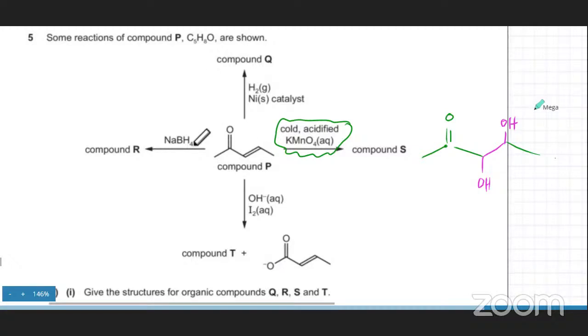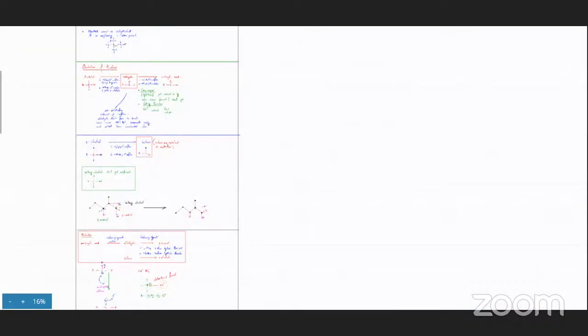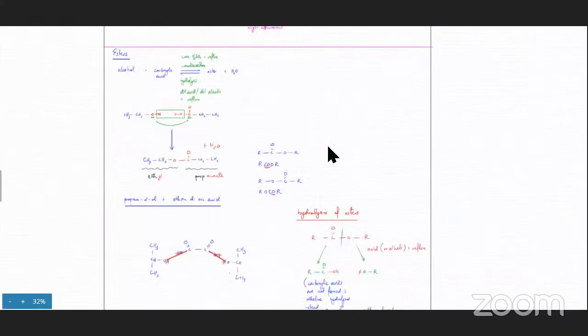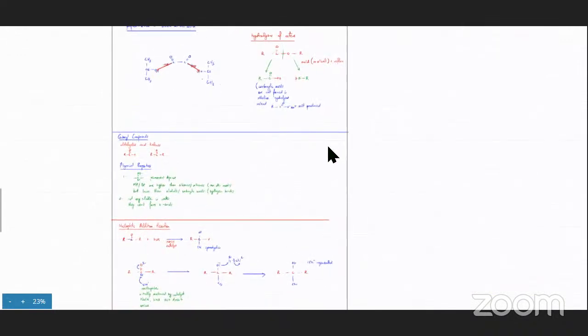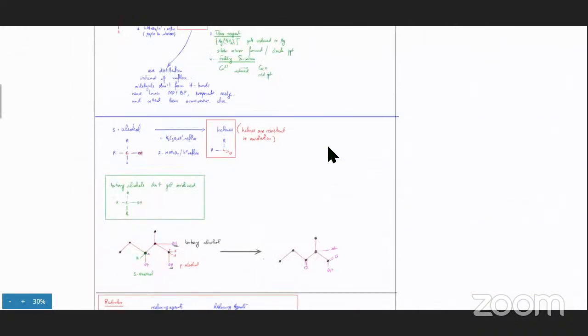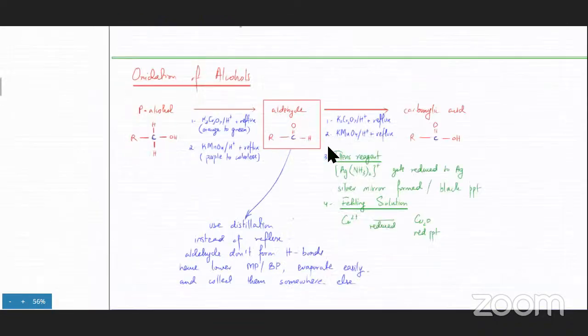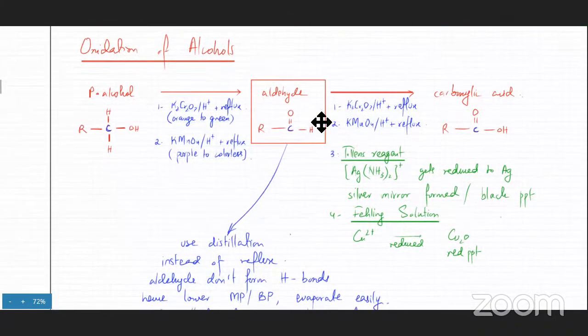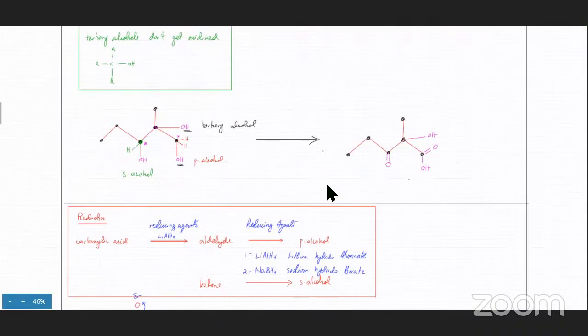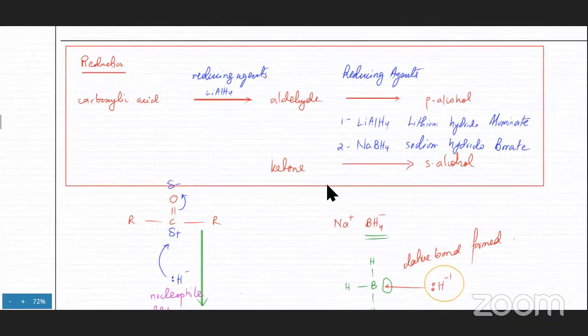So this was about alcohols, the oxidation and reduction of alcohols, which we probably did somewhere over here. Okay, so oxidation of alcohols. Where's reduction? Okay, this is reduction.